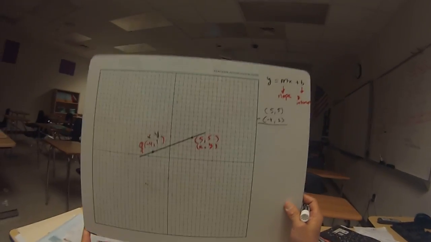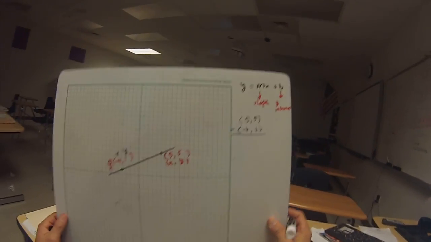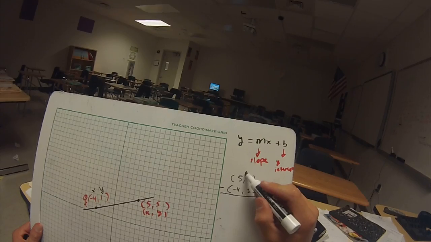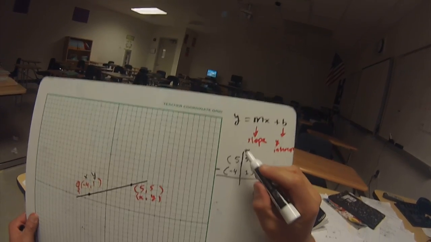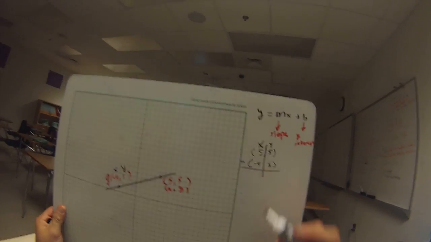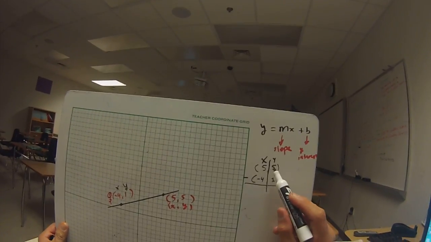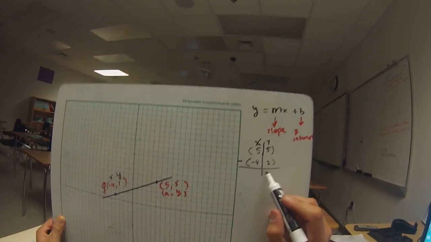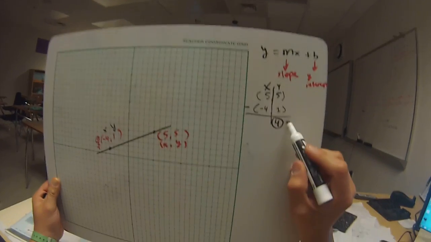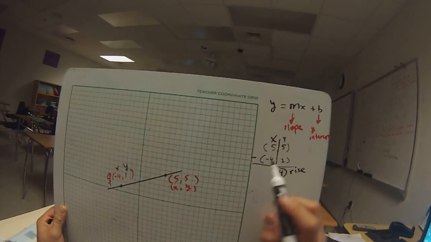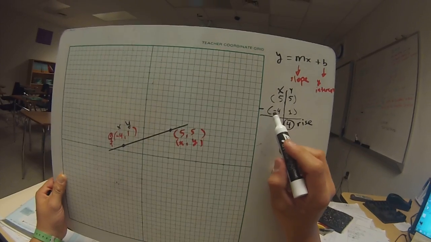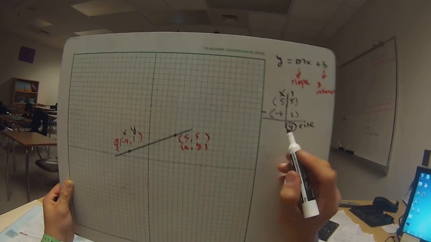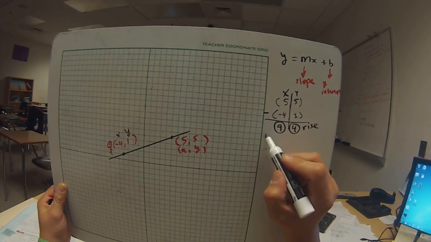We can make a line right through the middle of the numbers. Remember that these are our y's and these are our x's. So subtract the y's: 5, take away 1, that's 4. That's my rise. 5, take away -4, that is +9. That is my run.